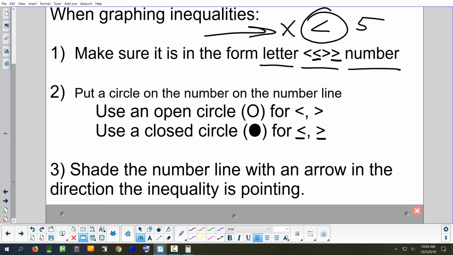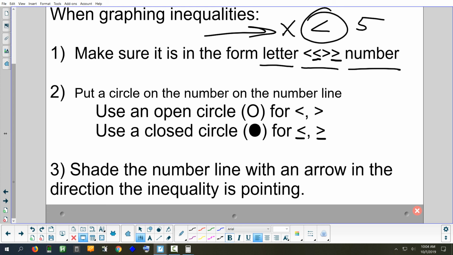So shade the number line with an arrow. When you're done, the arrow is either going to point to the left or to the right. So you're going to have a circle, and from that circle, you're going to shade either to the left or to the right.